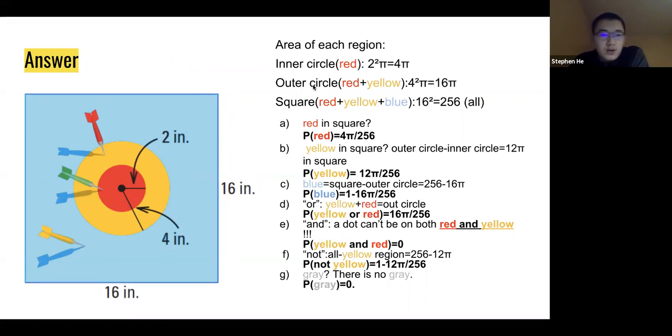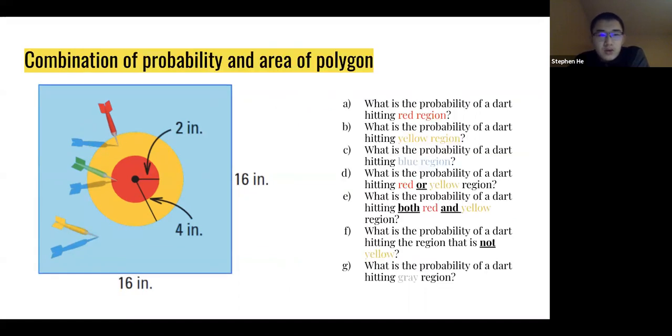So therefore, the big circle minus the small circle is 16 pi minus 4 pi, that's 12 pi. And we found previously that the area of the whole square is 256 inches squared. So therefore, the probability of hitting the yellow region is 12 pi over 256.